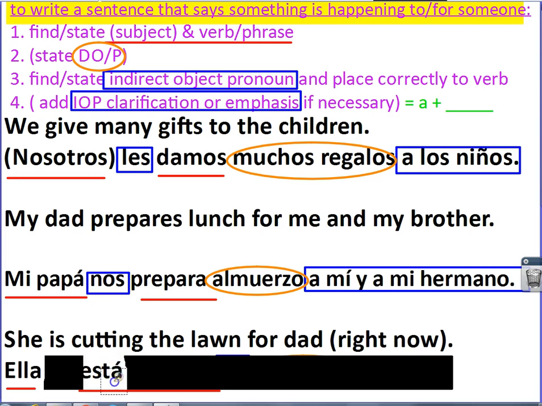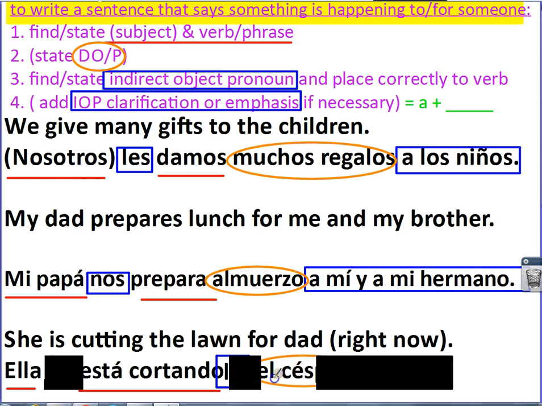She is, está. To cut is cortar. So I take off the AR and add ando, because it's estar plus the present participle, which is the ando or iendo. And how do you say the lawn? Because that's what's being cut, that's what's being verbed. El césped.